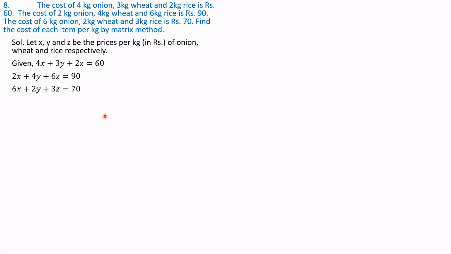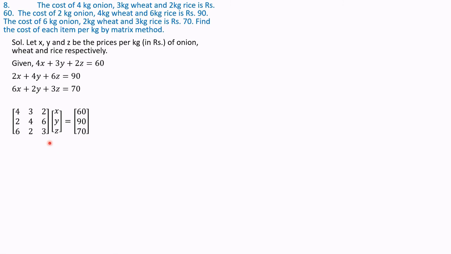Similarly, we can write the third equation: 6x plus 2y plus 3z is equal to 70. Therefore, in matrix form: the matrix 4, 3, 2, 2, 4, 6, 6, 2, 3 into x, y, z equals the right hand side 60, 90, 70. This is a 3 by 3 matrix, and these are 3 by 1 matrices.